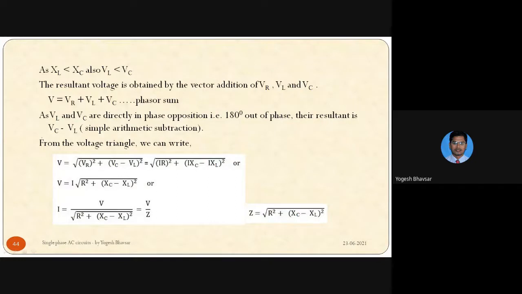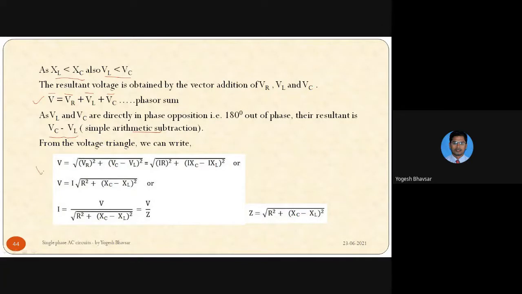Then again we have the equations for the resultant voltage, the impedance and the current. As XL is less than XC, VL is less than VC, then the resultant is the vector addition of VR, VL and VC. As VL and VC are exactly opposite, that is out of phase, it is simple arithmetic subtraction.